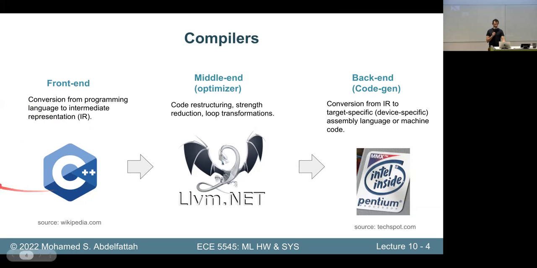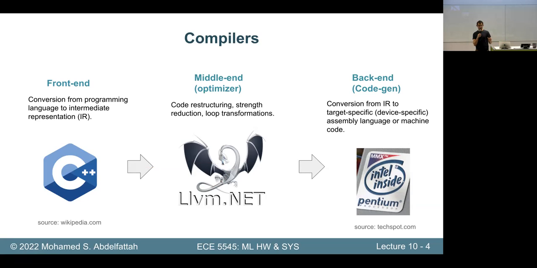So from a language like C++, we usually convert to an intermediate representation, something like LLVM. And LLVM-IR looks a lot like assembly. I think I may have a code snippet in the next slide, but it's much easier to do optimizations there. And this part of the compiler, once we convert into this IR, is called the middle end.